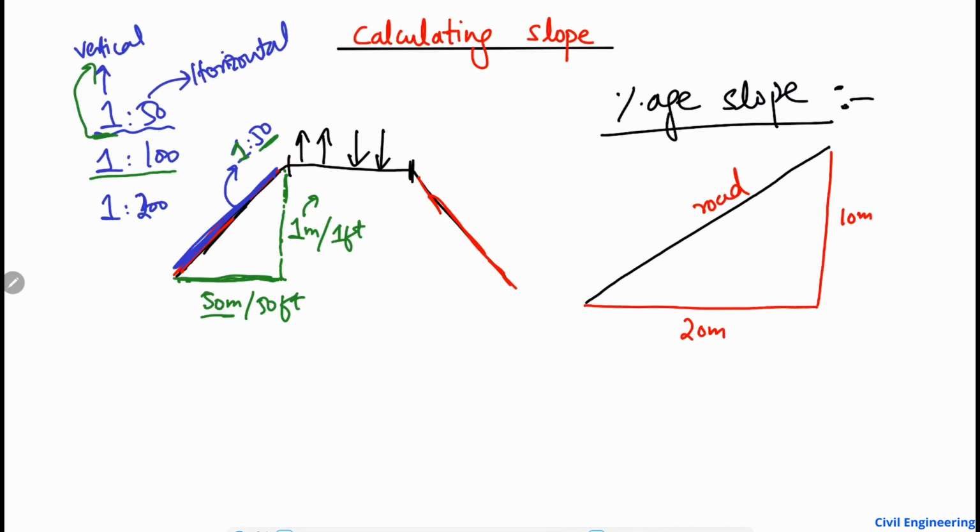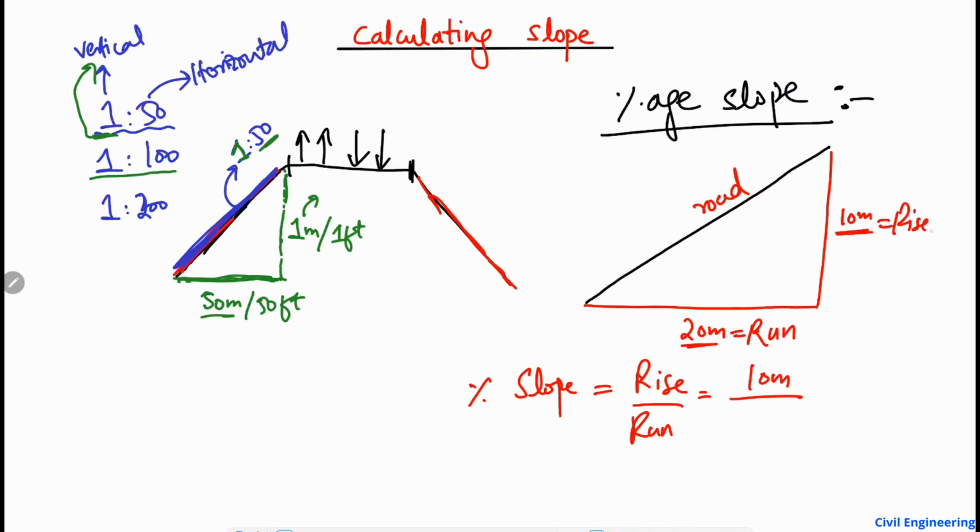The percentage slope is equal to rise divided by run. Rise means the height, which is 10 meter, and run means the horizontal one, which is 20 meter.